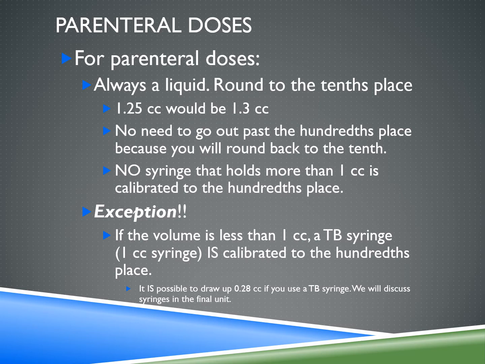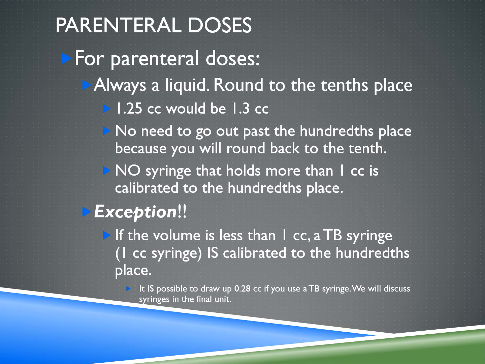So in other words, 1.25 cc's would become 1.3. Why? Because there isn't a syringe that is calibrated to 1.25. They're calibrated to 1.2, 1.3, 1.4. So what you're going to do is draw it to 1.3. There's no need to go any further than that.